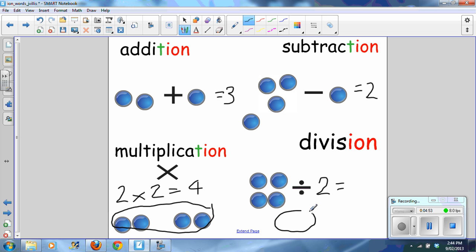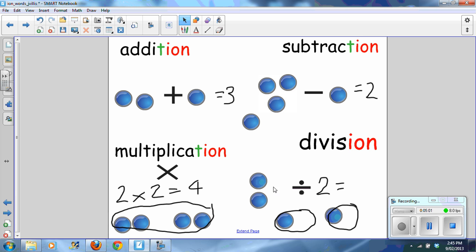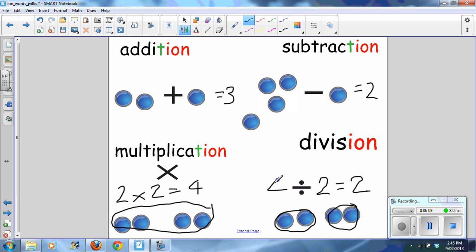Here's one group, 2 groups, and let's divide or share the 4 equally. 1 for you, 1 for you, 1 for you, 1 for you. How many are in each group? 2. So 4 divided by 2 equals 2. This is division.